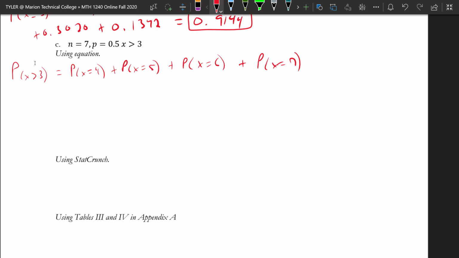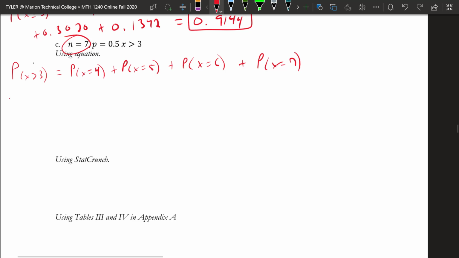We stop here because there's only 7 trials, right? And notice it's greater than 3, not greater than or equal to 3. So you've got to pay attention to that. So we don't include x equals 3 in this, right? So that's an important distinction.